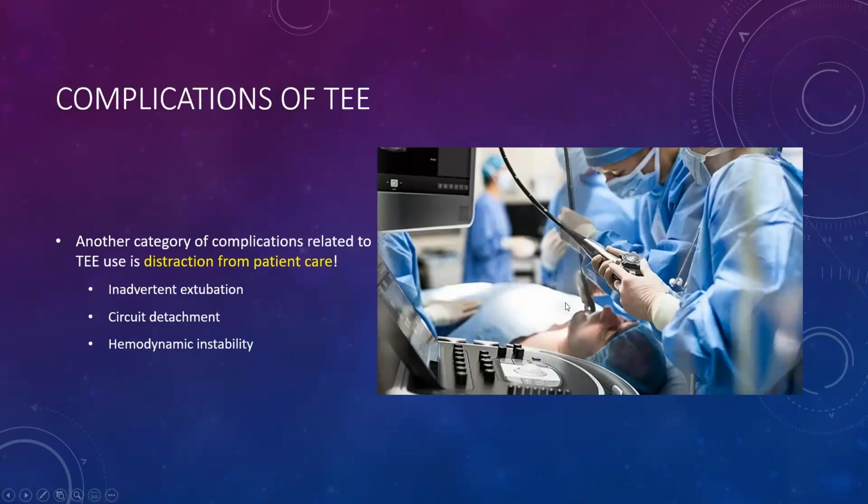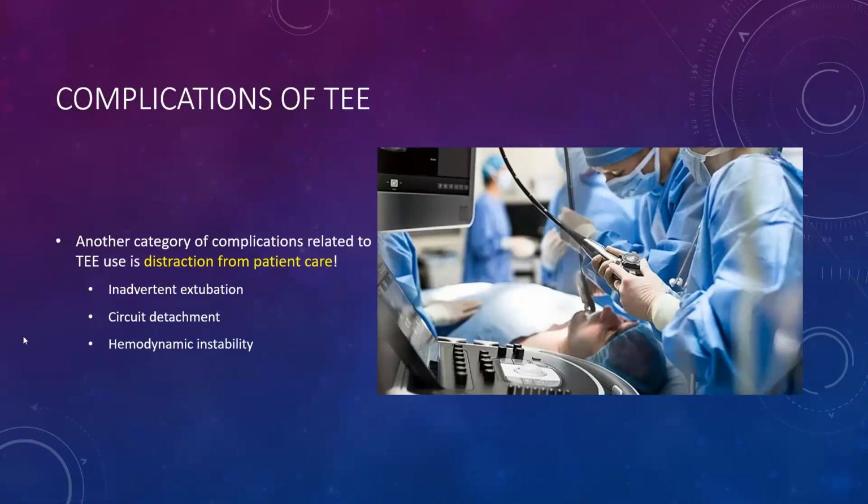I've seen people inadvertently detach the breathing circuit from the anesthesia machine, from the endotracheal tube, and now you've got an apneic patient. And if you're just looking at these beautiful images but not paying attention to the patient as a whole, you can cause quite a bit of harm to the patient.